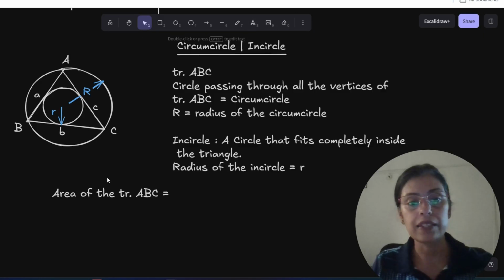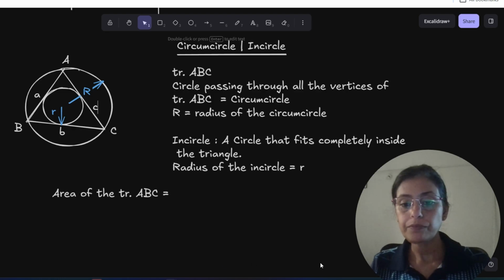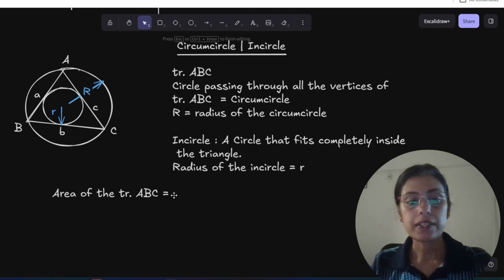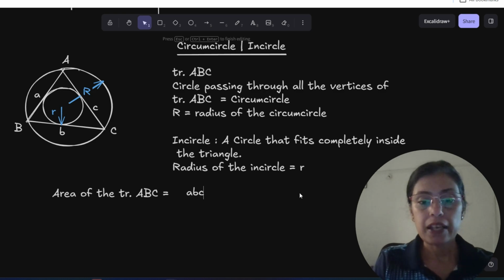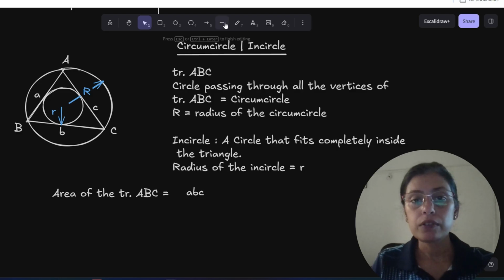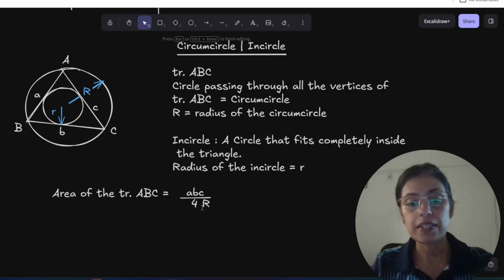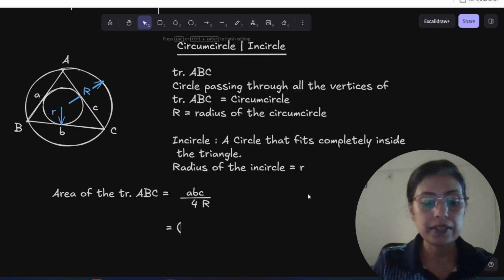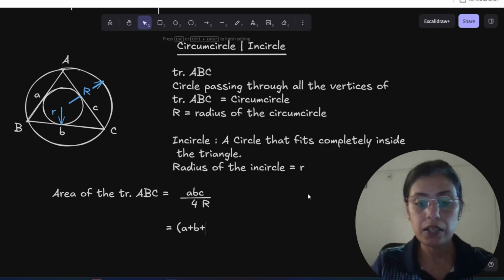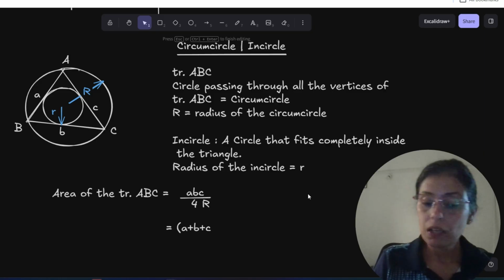So when we write this area of the triangle ABC in terms of the circumcircle, we write it as ABC upon 4R. This capital R is the radius of the circumcircle. If we write it in terms of incircle, we can write it as (A plus B plus C) into r.